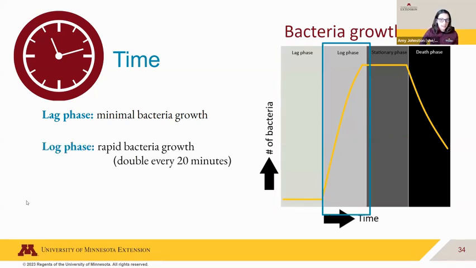The next phase is the log phase. The log phase is a period of rapid growth where the bacteria are doubling in number every 20 minutes and the environment or the conditions are ideal. So let's refer back to our previous examples. The dried food has now been exposed to enough moisture that the water activity of the food has changed and the bacteria can bind with the water molecules.